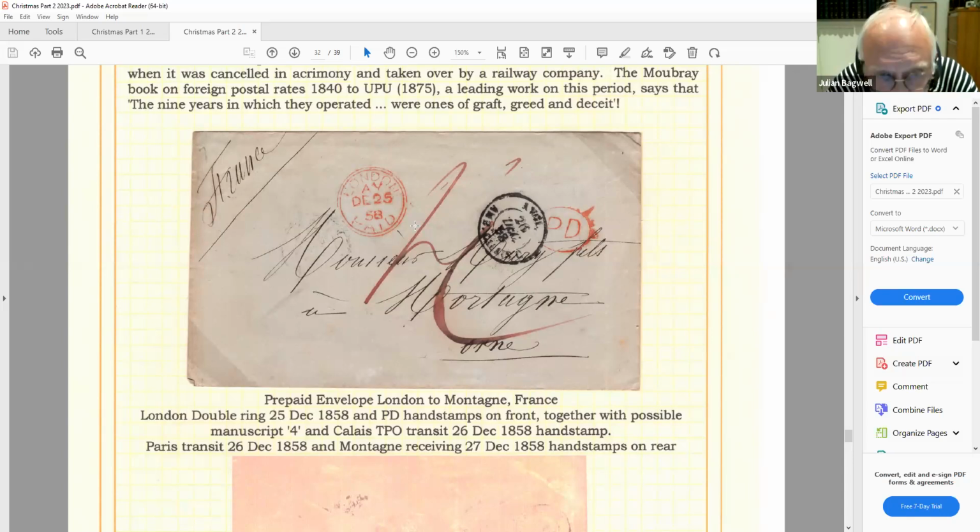It lasted till 1863. And then there was a lot of acrimony. It was taken over by a rail company. Those of you who know Mowbray's book on foreign postal rates, it says that the 9 years in which they operated were ones of graft, greed, and deceit. So this was in those 9 years. But anyway, rather a nice item.